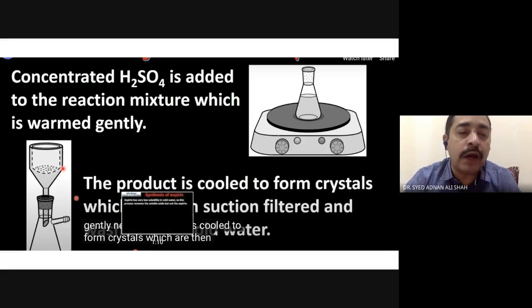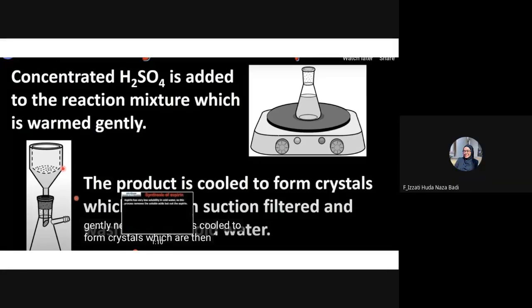Whatever the unreacted material, whatever the byproduct on this product will be washed out through the excess of water. When we put the excess of water, whatever the particles of acetic acid or acetic anhydride or salicylic acid on the crystals of the aspirin will be washed out. Have you understood that one? Clear that one? Yes.